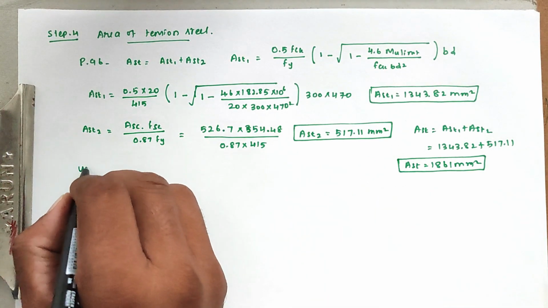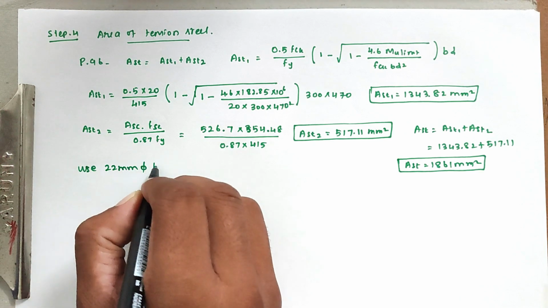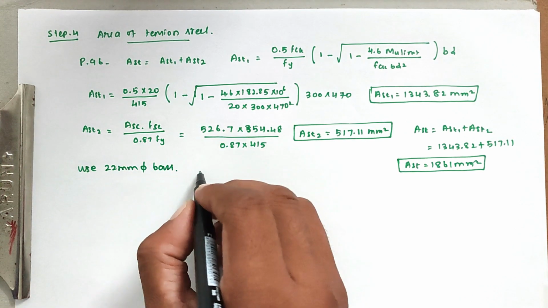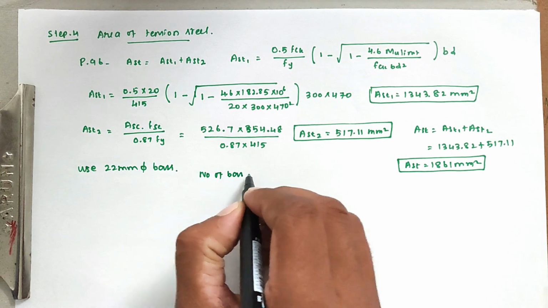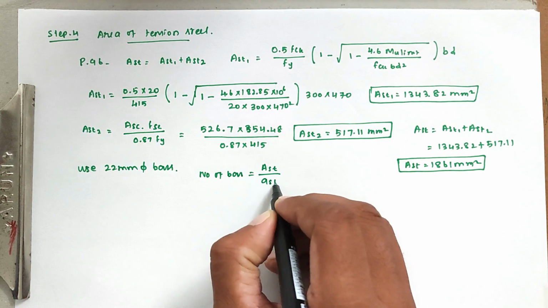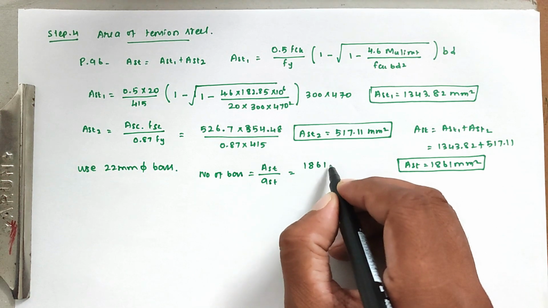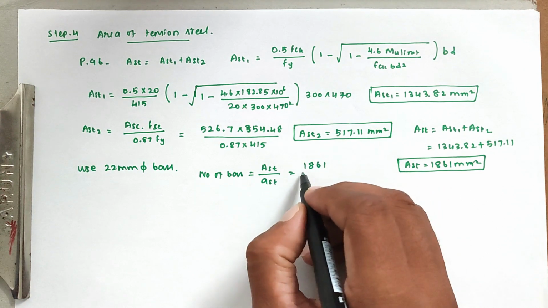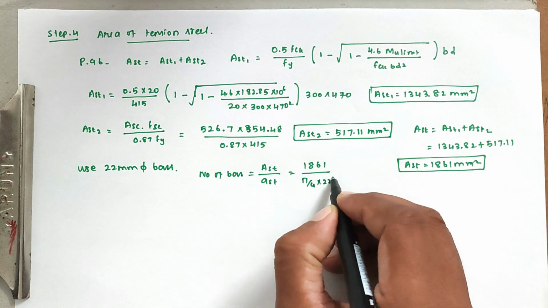So now we can use 22 mm dia bars. Okay, so now we can find out the number of bars. So number of bars is capital AST divided by small AST. So that is the capital AST is 1861 mm square, divided by the small AST, pi by 4 into d square, that is 22 square.